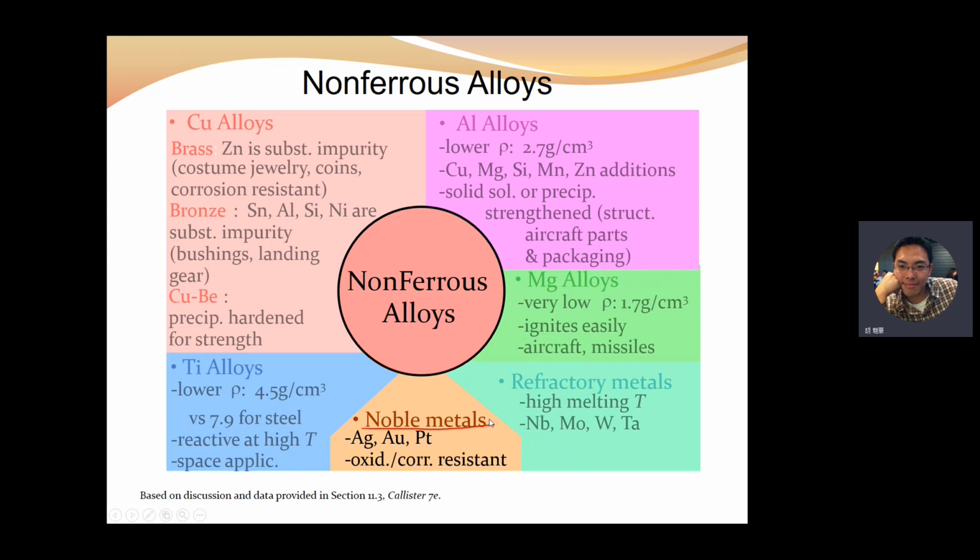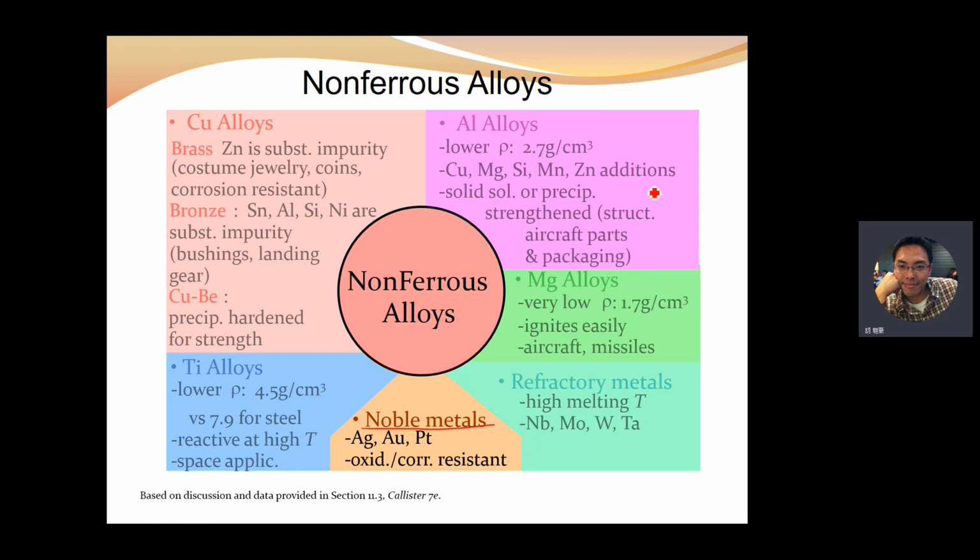These noble metals are not used in structures, of course, or you would be bankrupted. You cannot use gold as a pillar, a column, or as machine components. So noble metals are usually used as surface coatings, for electro coating, for jewelry, or for some catalysts.